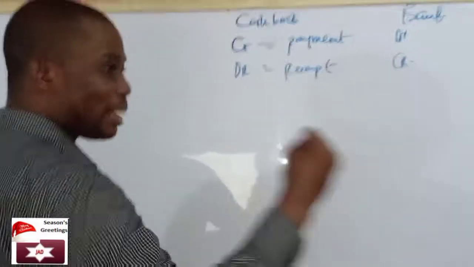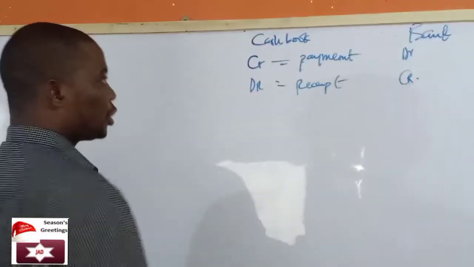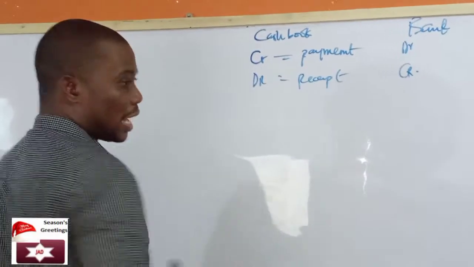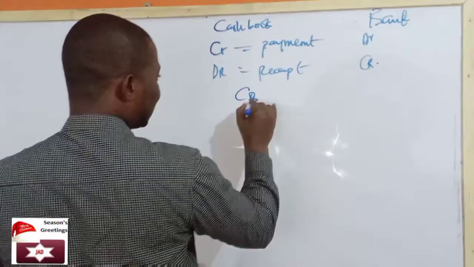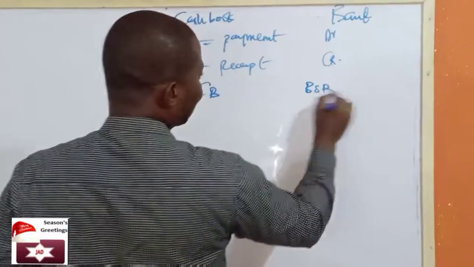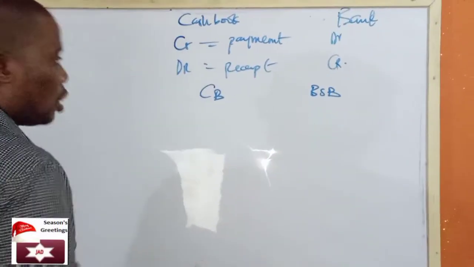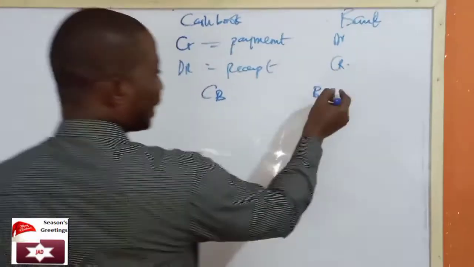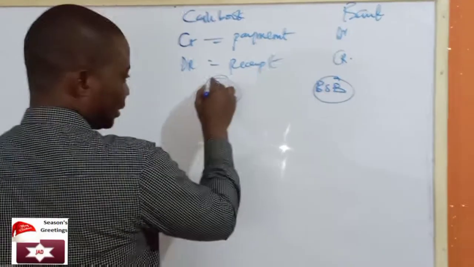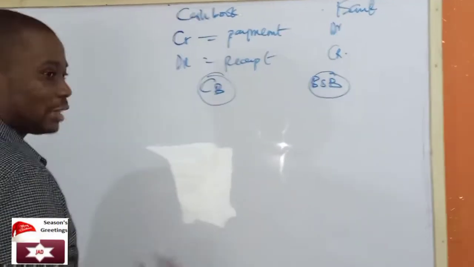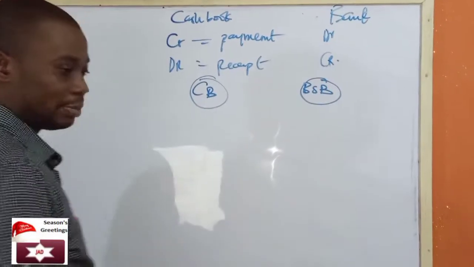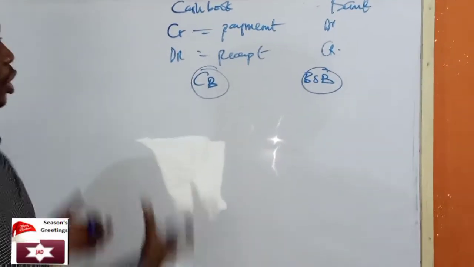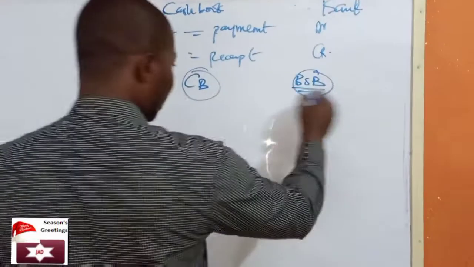But at the point of receiving the bank statement, it is possible that the bank statement balance will not agree with the cash book balance. So you must adjust the cash book and prepare the bank reconciliation statement to agree the balance of the cash book with that of the bank statement.